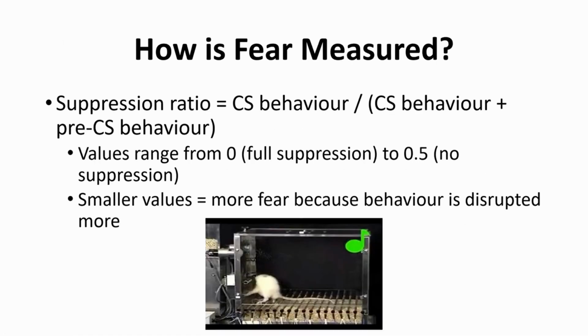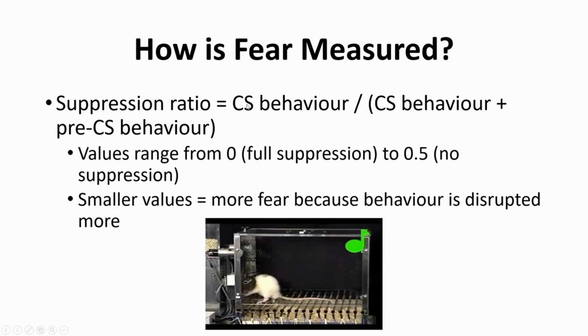All right, so if we're actually going to measure this freezing behavior, how do we calculate that? We can use something that's called a suppression ratio. And a suppression ratio is basically going to take the amount of behavior or responding that happens when the conditioned stimulus has been delivered.